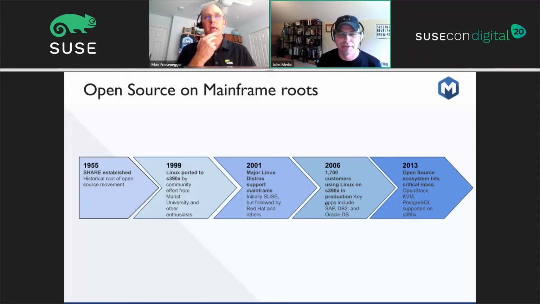We fast forward quite a bit here to 1999 when we had Linux first ported as a community effort from Marist University and other enthusiasts to the mainframe. And this is, again, the very early days of Linux really becoming center stage. It's already coming to the mainframe.